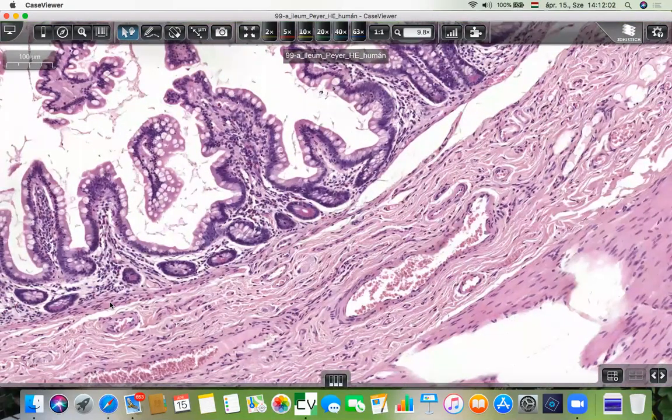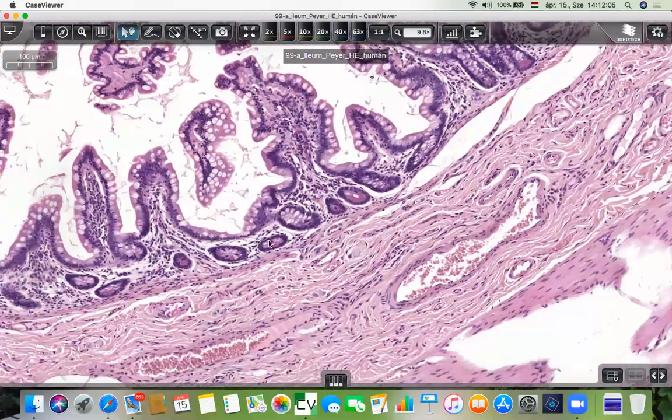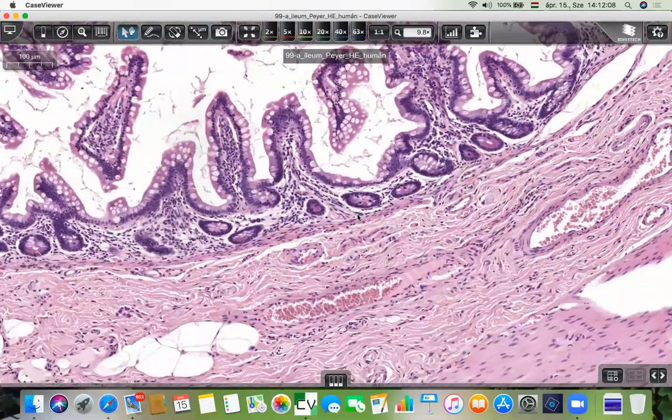Look at that. Dr. Katz? Yes. Sorry, in the crypt of Lieberkühn, there are enteroendocytes, Punnett cells, goblet cells, and you said there was a type of endocrine cell somewhere else? The enteroendocrine cells.